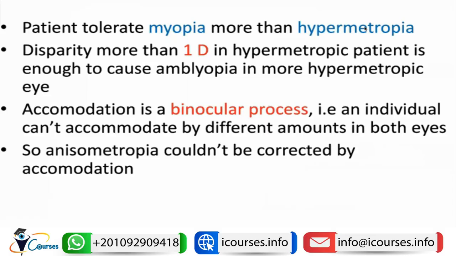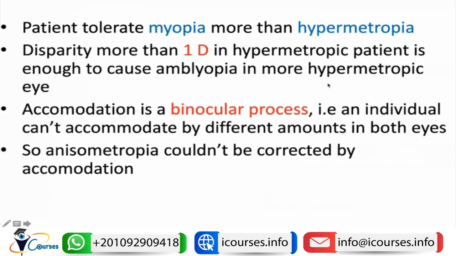So if the child has myopia, it will be fine for him. But if he has hypermetropia, then he's got a problem. That's why hypermetropia warrants a specific measurement and specific intervention more than myopia. A disparity of more than 1 diopter in a hypermetropic patient is close enough to cause amblyopia in the more hypermetropic eye.